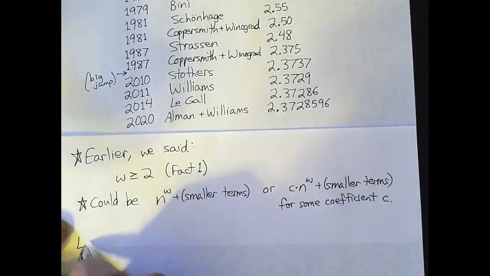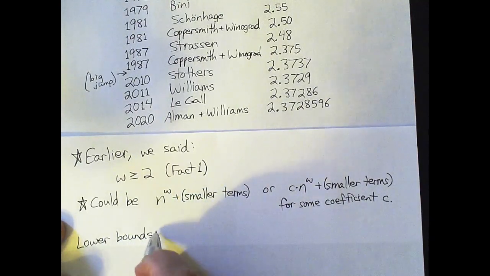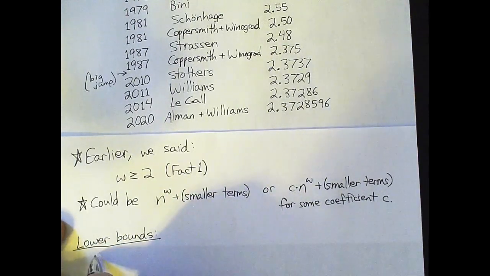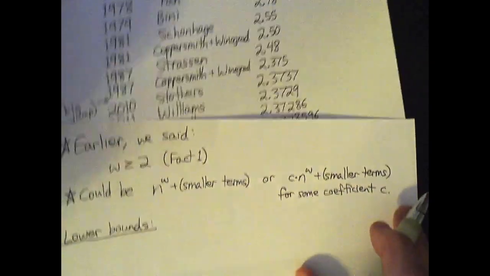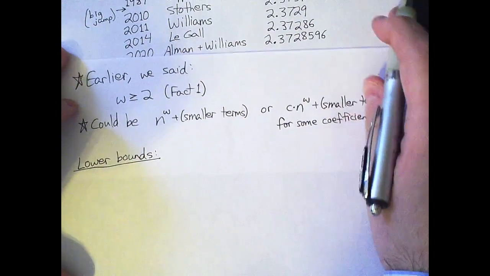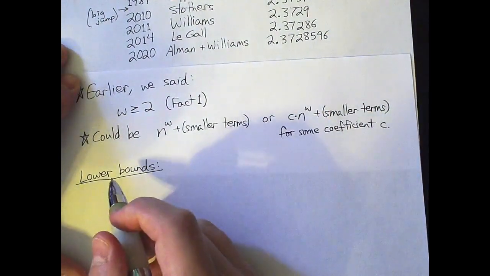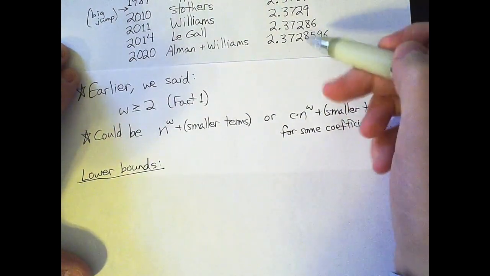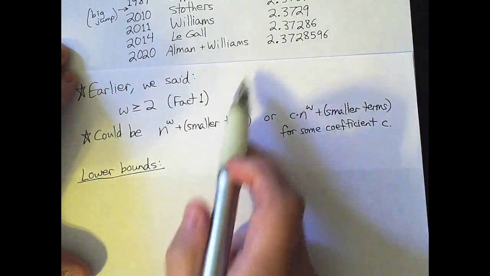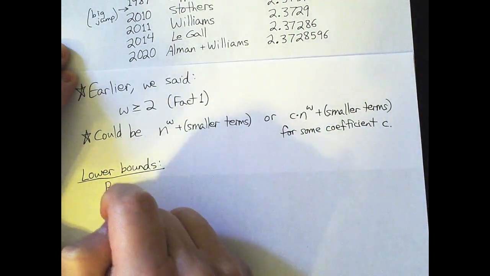I'll tell you that there are some lower bounds that have been found. You could say that everything in that timeline is an upper bound on omega. The true omega is less than or equal to these results that have been found, but there are lower bounds as well.